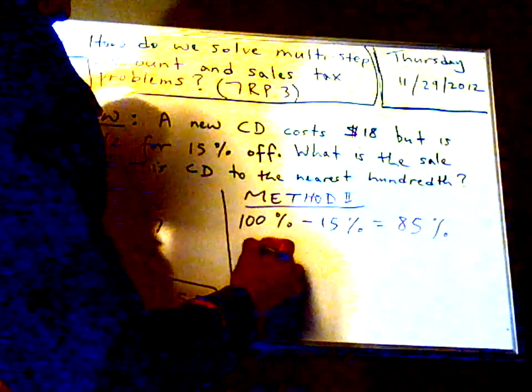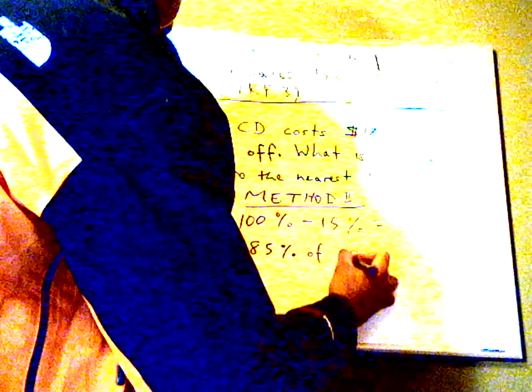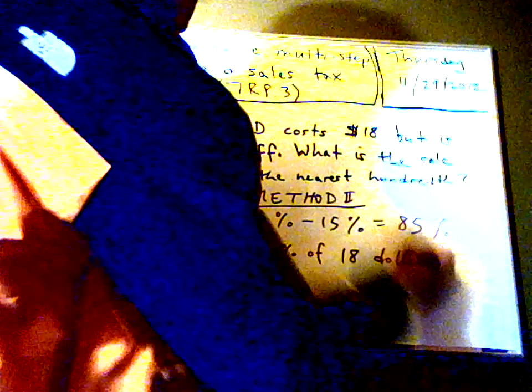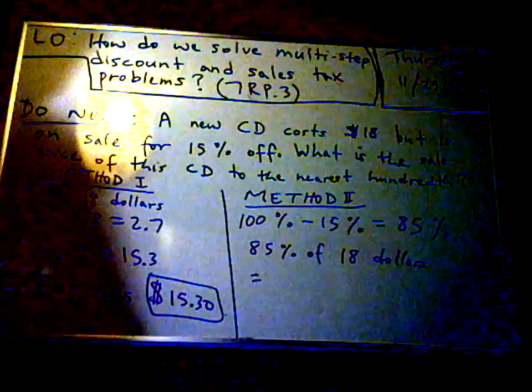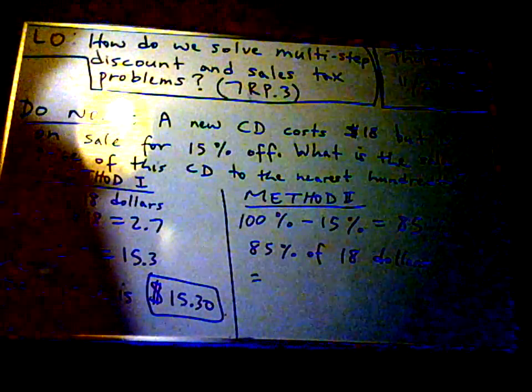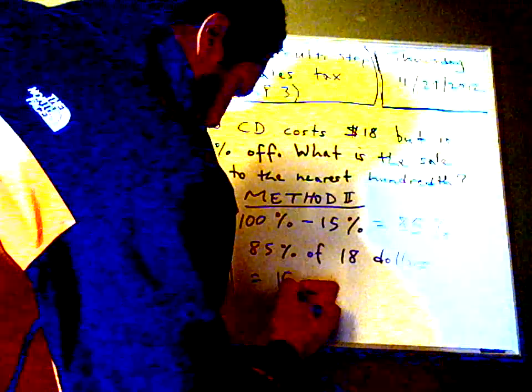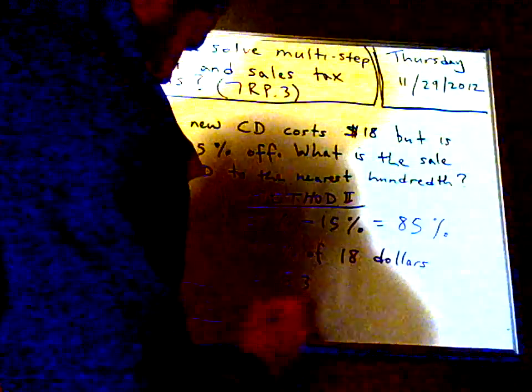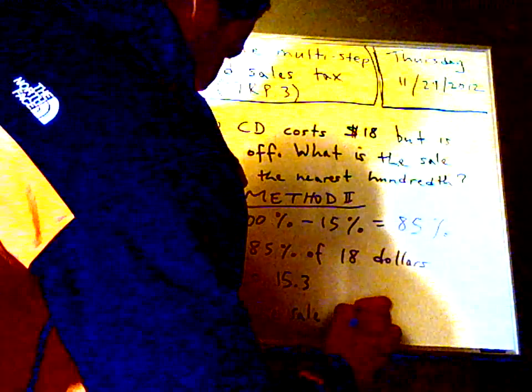And then 85% of $18 will be equal to 0.85 times 18 and 15.3. So the sale price is still $15.30.